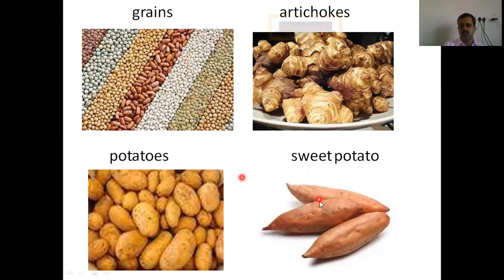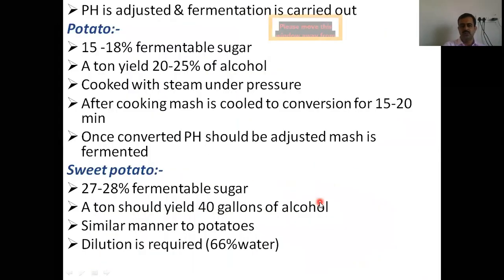Potatoes, grains, and sweet potato as well. Now pH adjustable fermentation is carried out. Potato, 15 to 18% fermentable sugars. Ton of yield, 25% alcohol. Cooked with steam under pressure. After cooking, mash is cooled for conversion of 15 to 20 minutes. Once converted, pH should be adjusted. Mash is fermentable. Sweet potato, 27 to 28% fermentable sugar. Ton of yield is 40 gallons of alcohol, in a manner similar to that of potato.